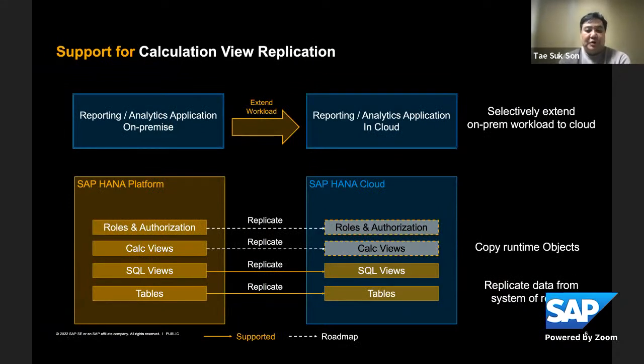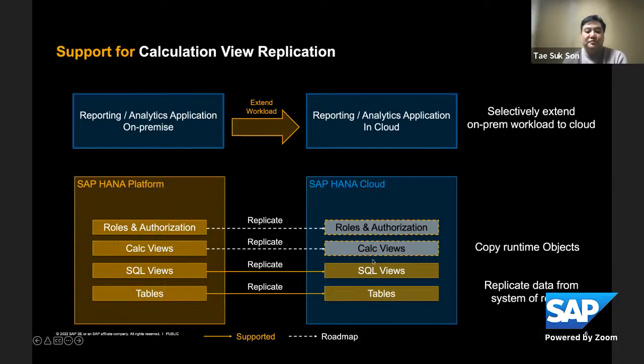So to go a little bit deeper, we offer the method of replicating the analytical workload from the on-prem to the HANA Cloud. And like I've mentioned, it has the reference data tables and calculation views, but we also offer SQL views and calc views and roles and authorizations. So basically, we're offering the replication of the calc views and the roles and authorizations.